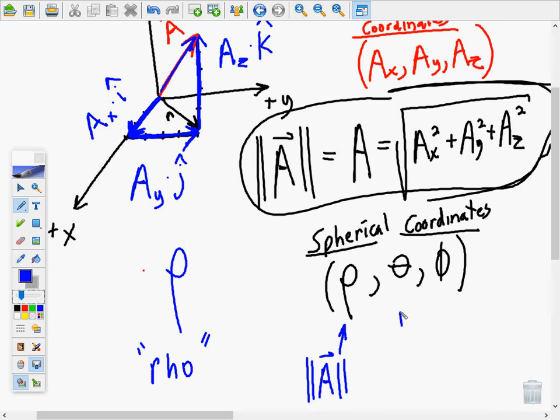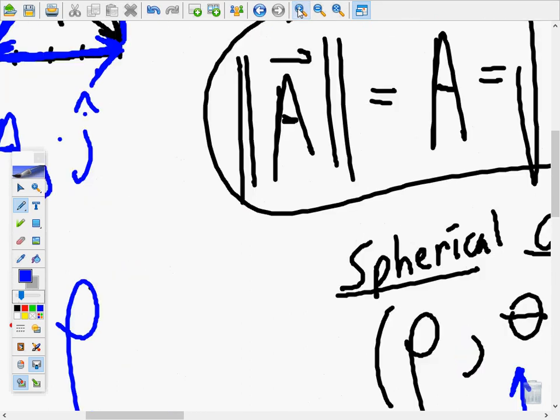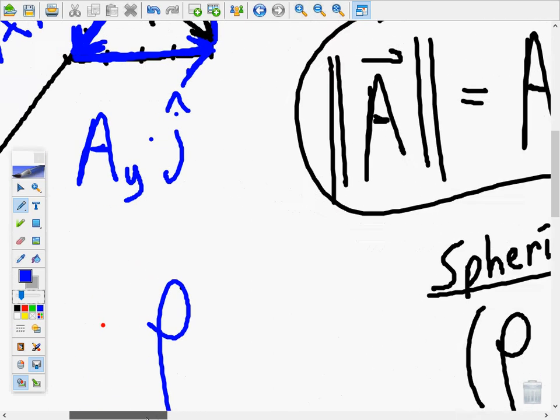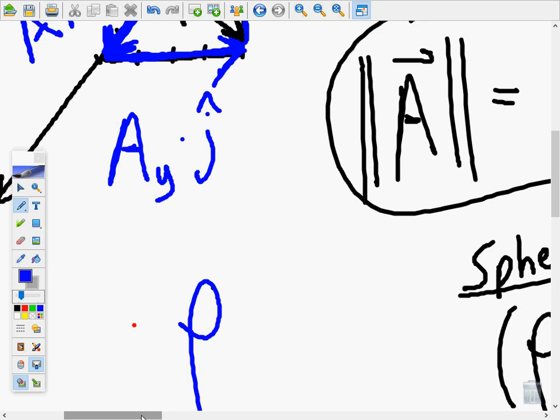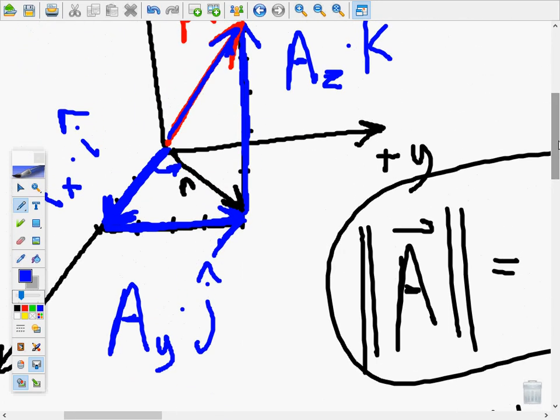Theta is the angle between A sub x and that R arrow that we drew right here. So this little angle right in there. Maybe I should make it bigger. This angle right in here.